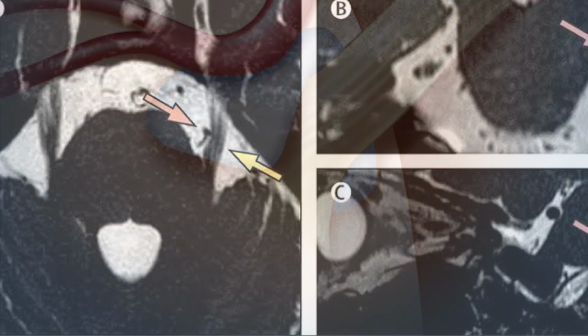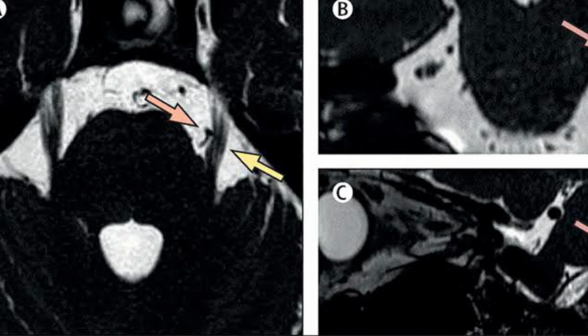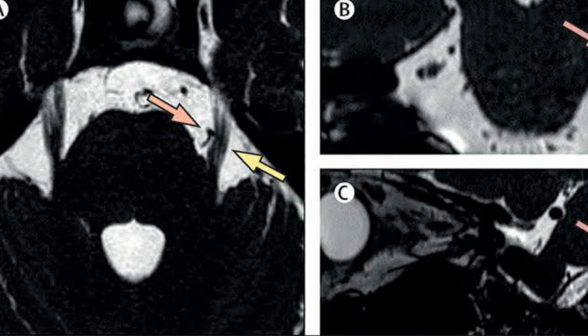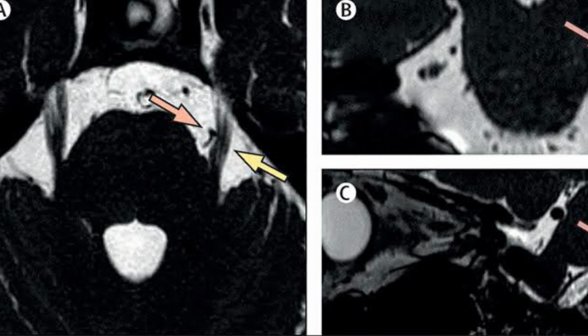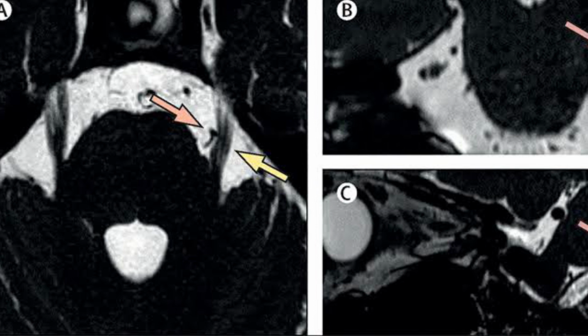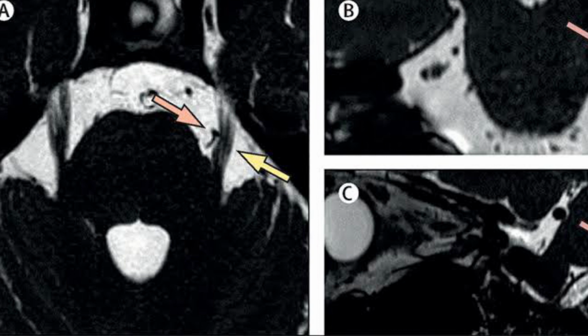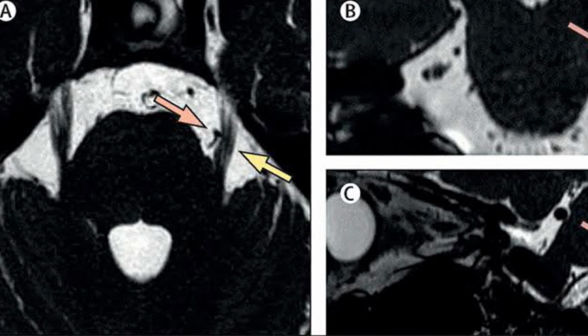It is mostly unilateral. The pain first begins in the lower canine region, like the tooth and lower jaw, then spreads over the malar prominences. And you can see this is the culprit artery which is pressing on the trigeminal nerve.